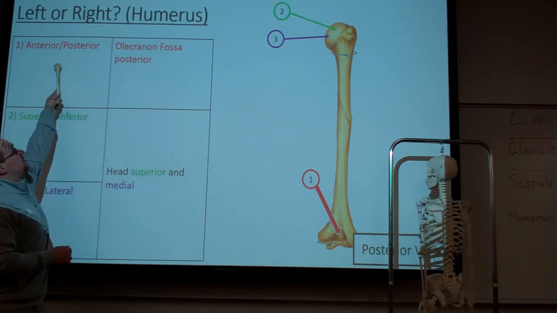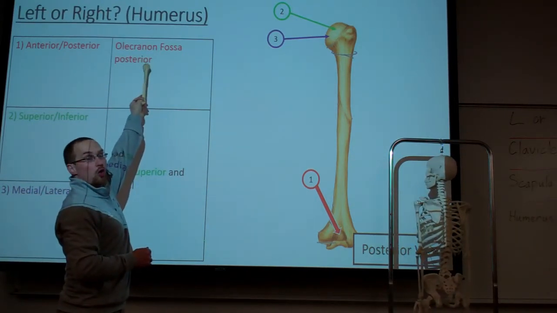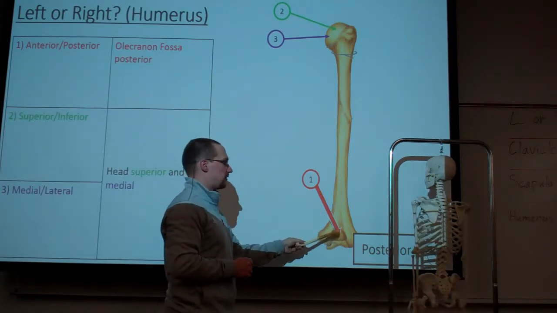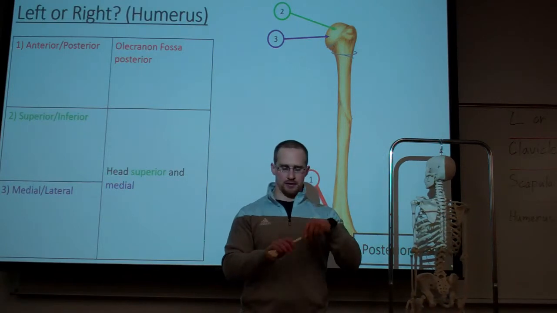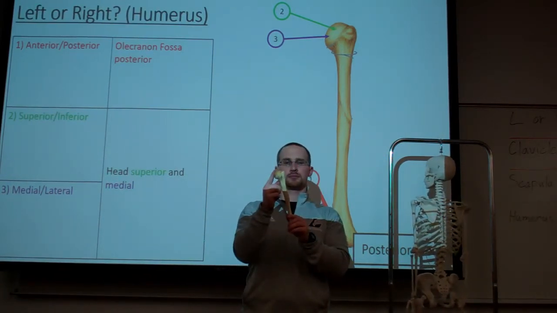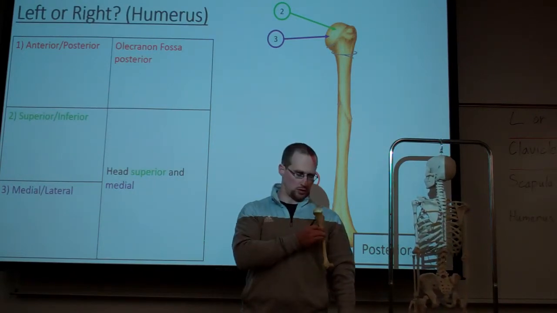That just leaves us with the anterior and posterior. The olecranon fossa, the one lone posterior landmark, is on the back side. So if I'm taking this here, I know my head has to be superior and point medially, so it can be either here or here.